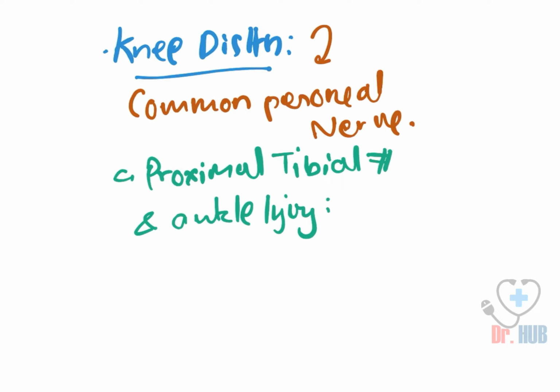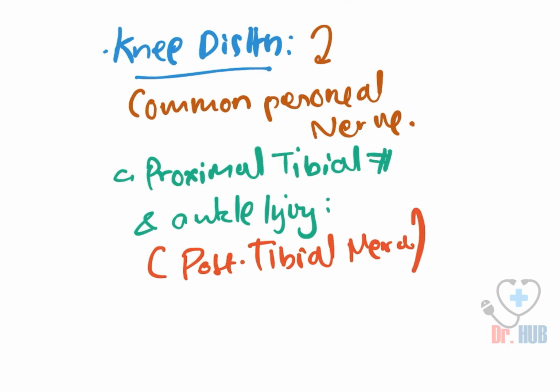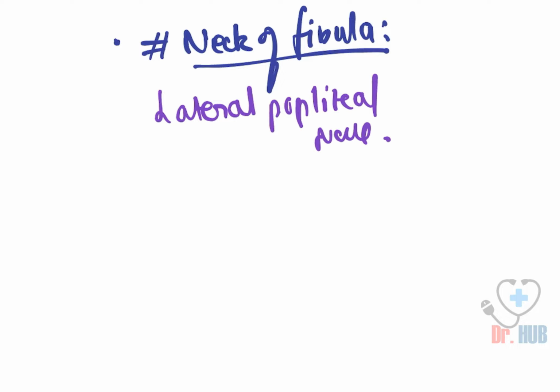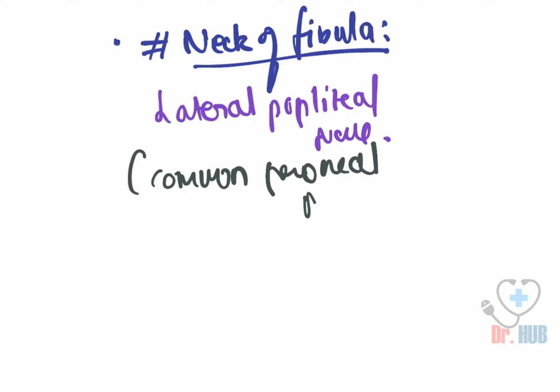The proximal tibial fracture and the ankle injury result in injury to the posterior tibial nerve. Next we look at the fracture of the neck of fibula. It results in damage to the lateral popliteal nerve, and it is nothing but the common peroneal nerve.